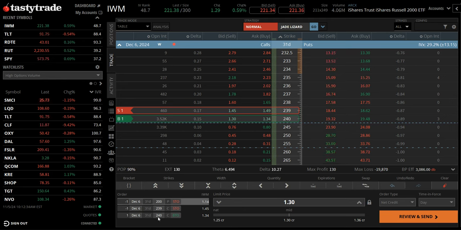If it does break 240, you are not making 130, assuming you haven't closed and you kept the trade till the last day. You will make $30 only, because this minus this is $100, but you are getting a credit of 130. So instead of getting a max loss, this is the protection.